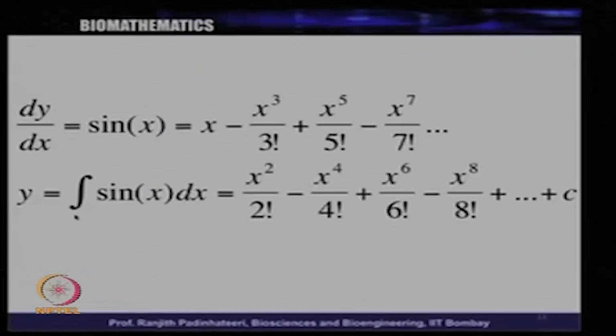So, basically what we have learned so far is why we need to do the integration, because if we know the derivative, or if we know the slope of a function at different points, we can draw the curve itself.